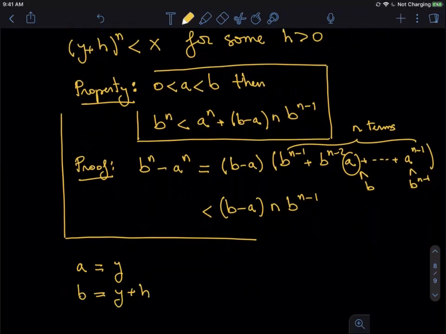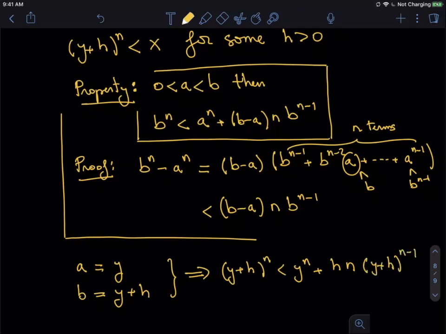Because 8 is positive, b is bigger than a. Then we can apply this property: (y plus 8) to the power n is less than y to the power n plus the difference between b and a, which is 8, times n times (y plus 8) to the power n minus 1.